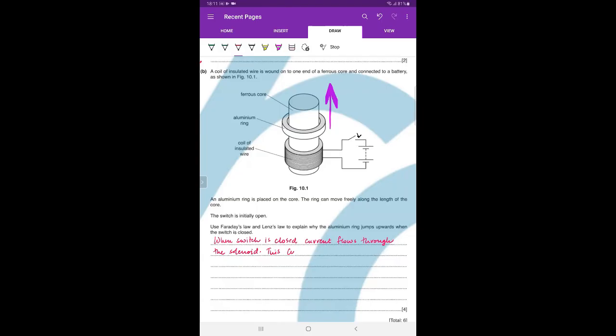This current magnetizes the ferrous core, hence creating field lines around the core.